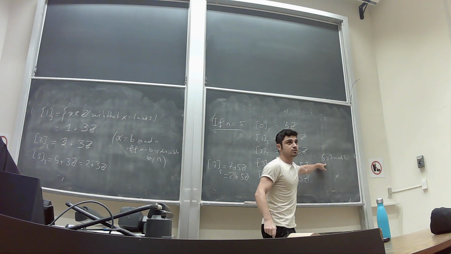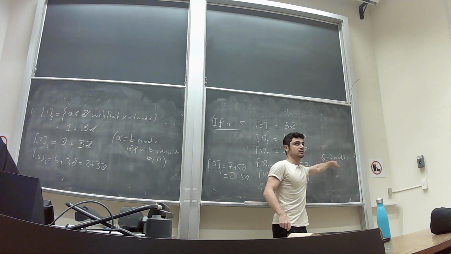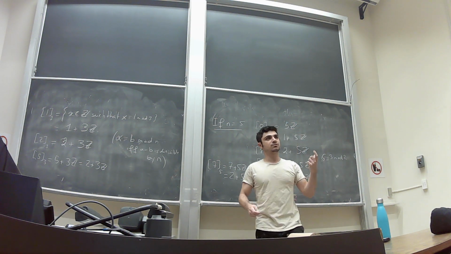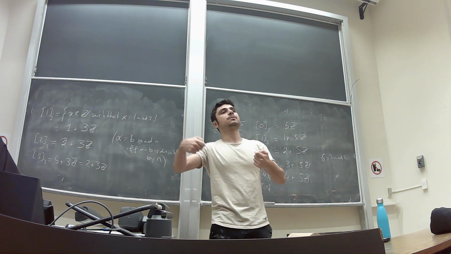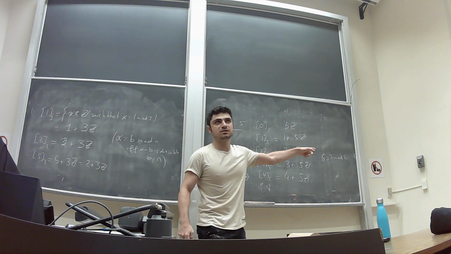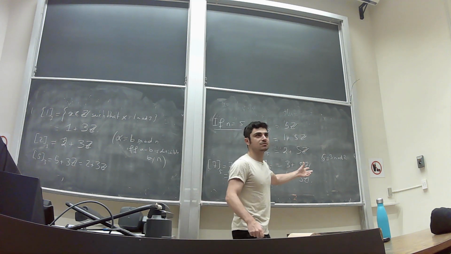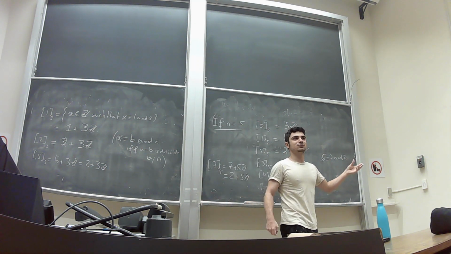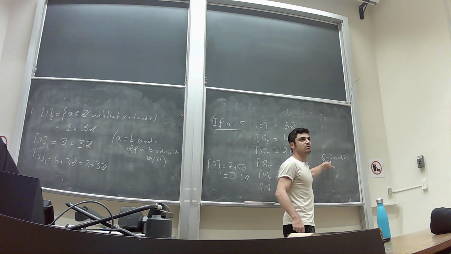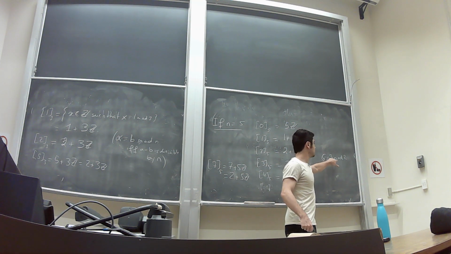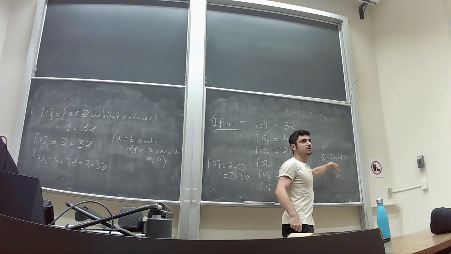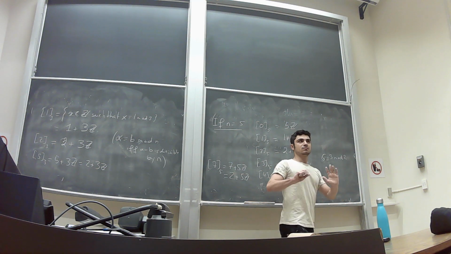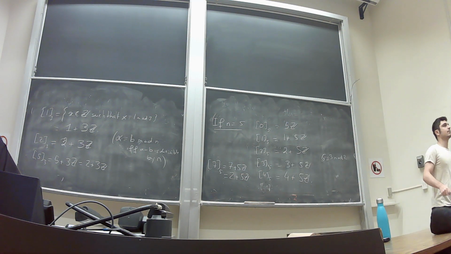How do you check if this is true? You take 5 minus 3. Is it divisible by 2? Yes, so this holds. This is what mod means. But for us, this is just a symbol: A is congruent to B mod 2 if A minus B is divisible by 2. Okay?